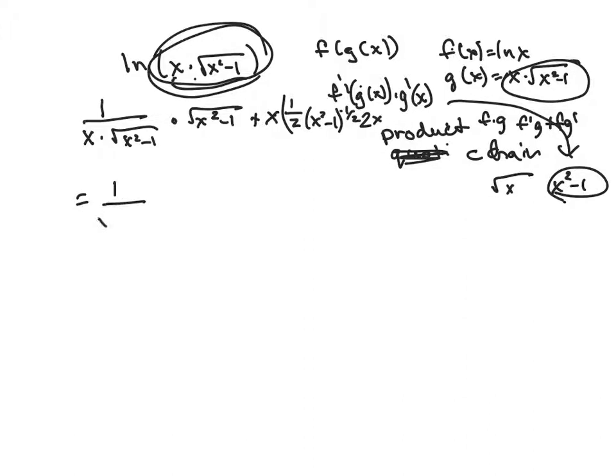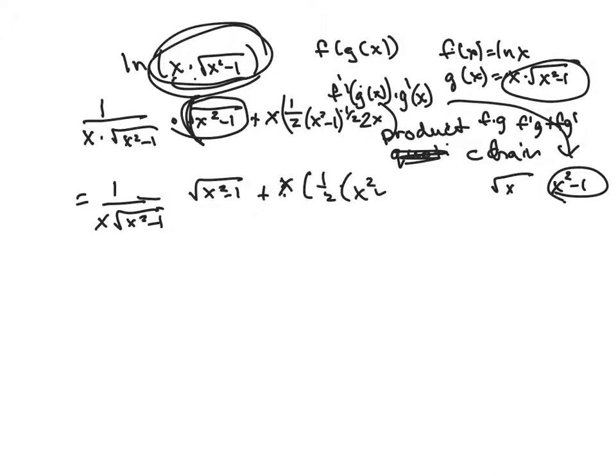So I have 1 over, I hope I don't make any mistakes for you, 1 over x squared minus 1. Since I'm multiplying, actually I'm multiplying by this whole thing, times x squared minus 1 plus x over, let's do, x times 1/2 times x squared minus... oh, I'm going to get rid of that.